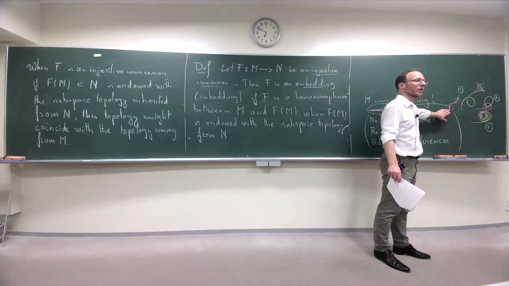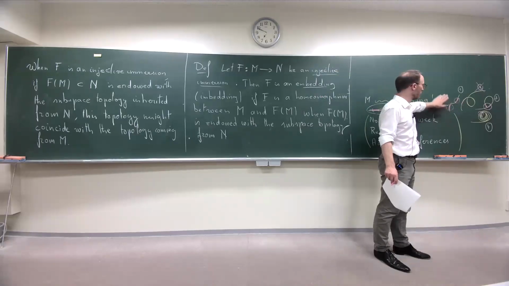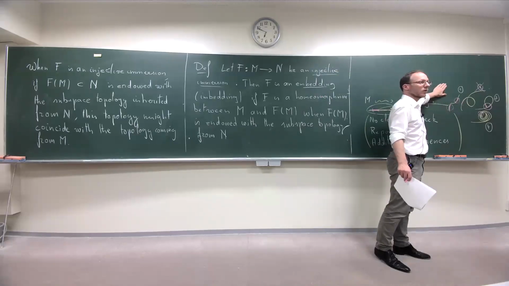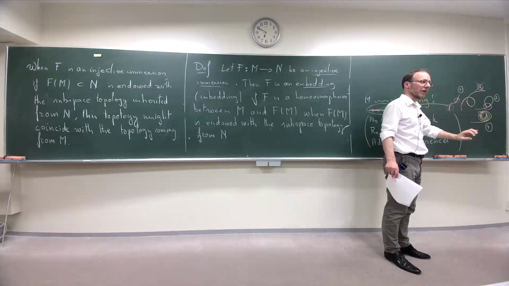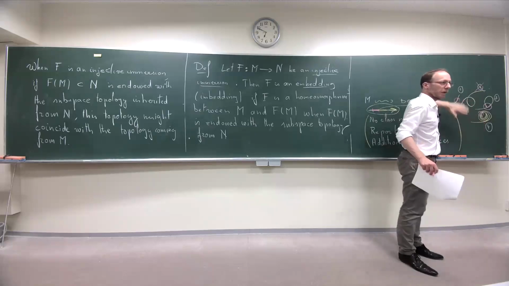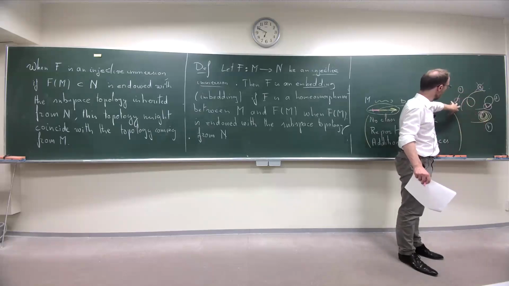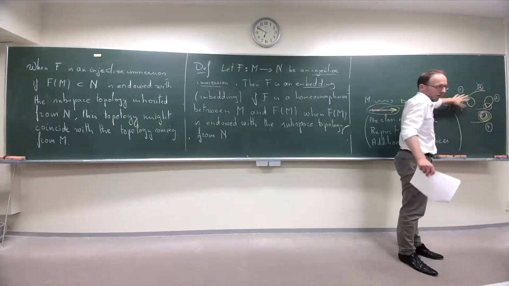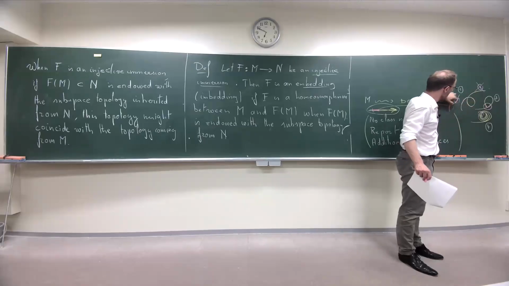No, but a point is not an open set of R2. But then you have to take open set to be a subspace topology. No, the subspace topology, by definition, you take open set of the big space N and take its intersection with what you consider here, this curve.